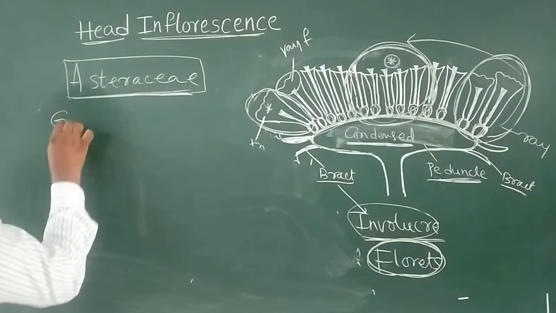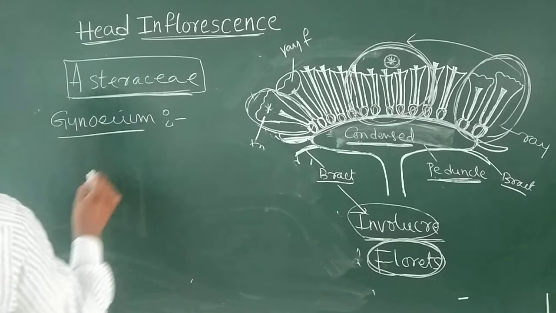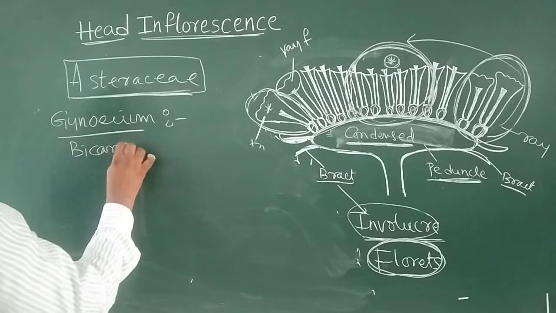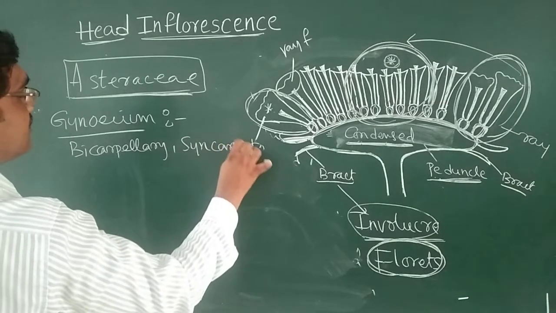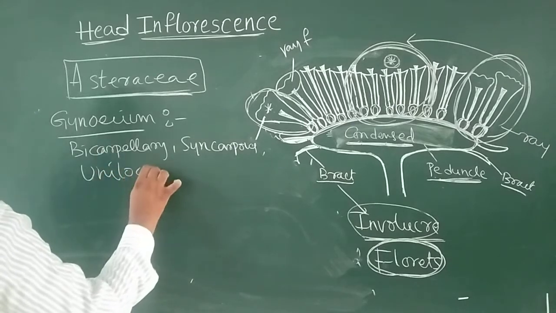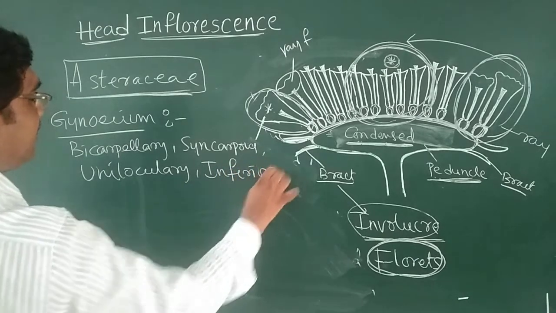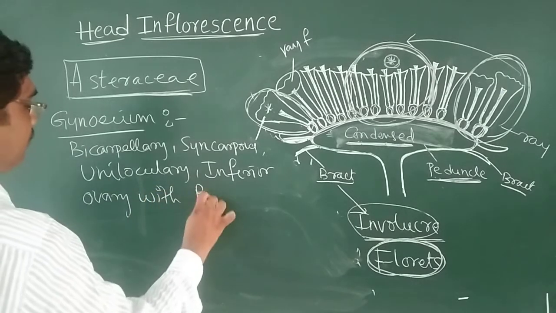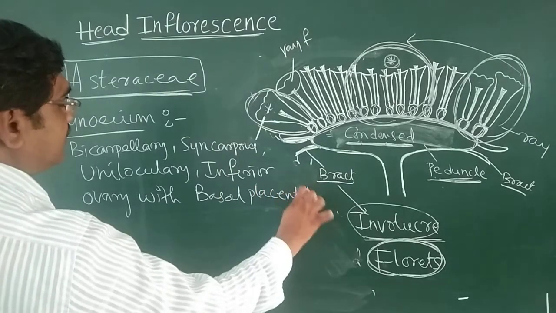Here the gynoecium is bicarpellary, syncarpous, unilocular, inferior ovary with basal placentation.